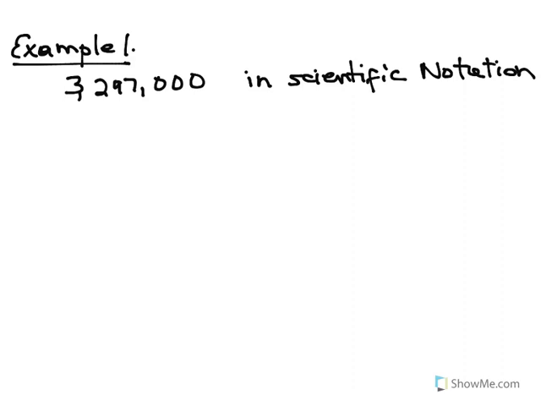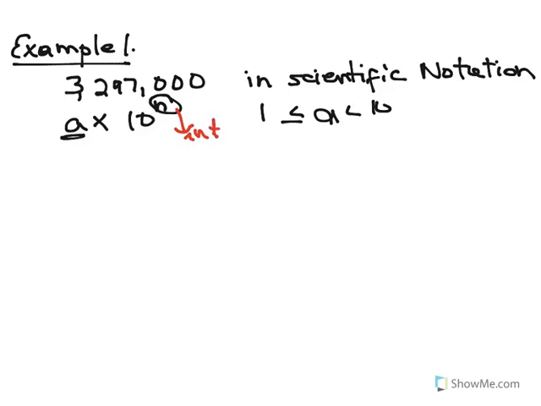Again, if I want to write it in scientific notation, I'm going to write it as a times 10 to the n. A has to be a number between 1 and 10, and n has to be an integer. So first I have to find my a. Let me write my number here, because it's very important that you understand the process.